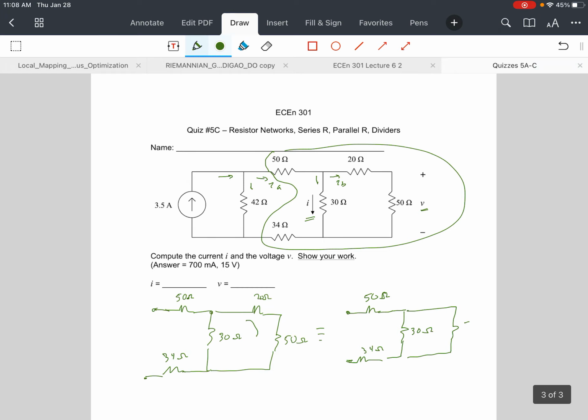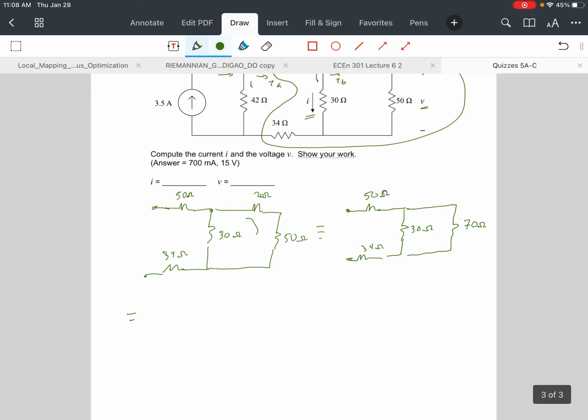So 50 plus 20 would be 70 ohms, and then that's equivalent to 50 ohm, and then the 30 and 70 are in parallel. So this would be 30 in parallel with 70, which is 30 times 70 divided by 100, 30 plus 70, and I get 21 ohms.